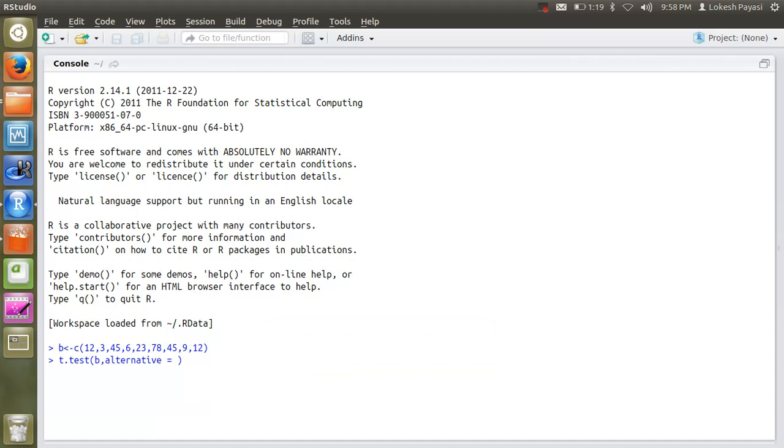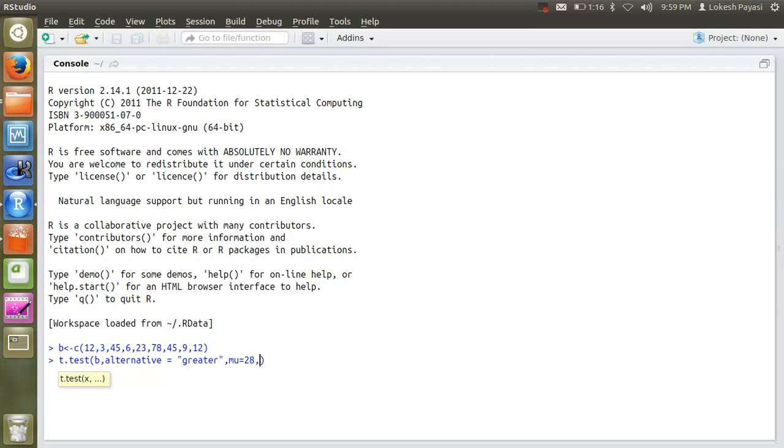You can see it here also: alternative equals what we want to see. I said earlier, greater. Is it greater than 28 or not? So I am going to use the word greater. I am comparing this with the population mean, which is called mu, so mu equals 28, as I told you earlier.